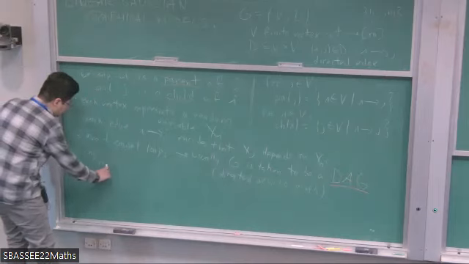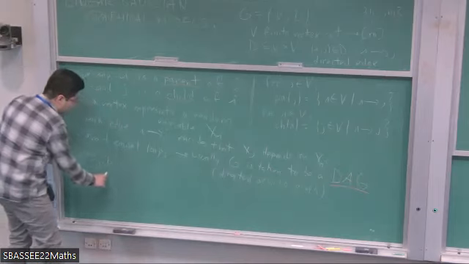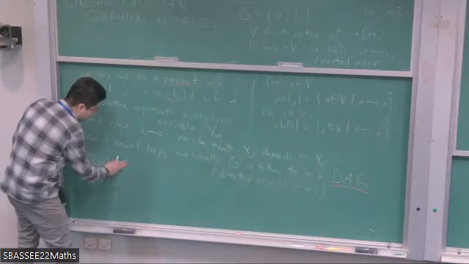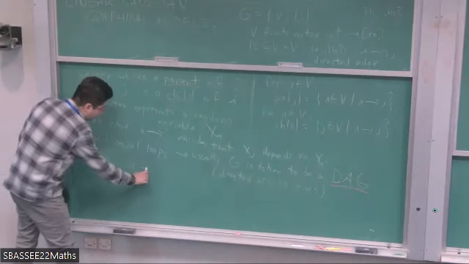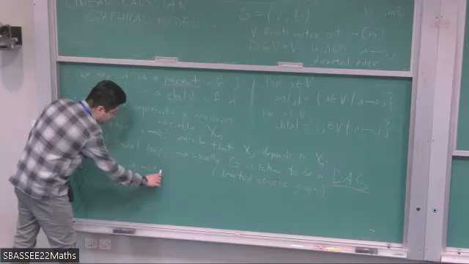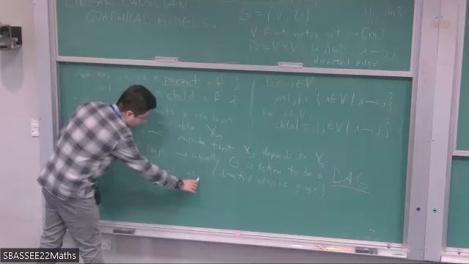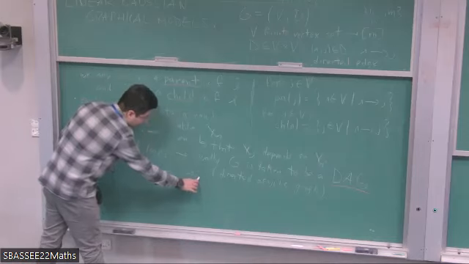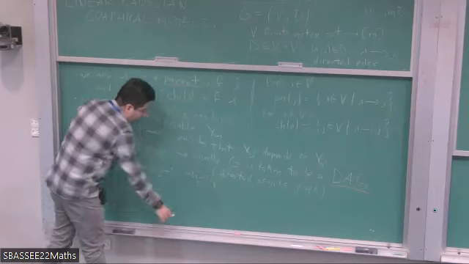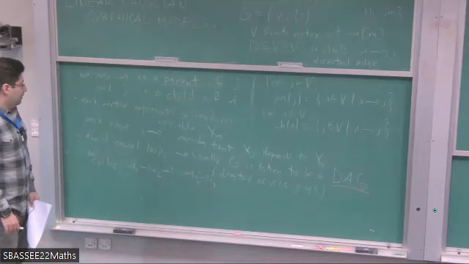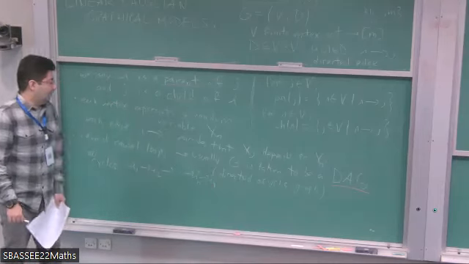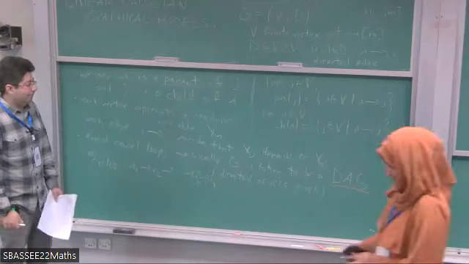A cycle would be a sequence like i_1 pointing to i_2, pointing to i_3, and then at some point you have some i_r, and then again i_1. So we don't allow something like this.